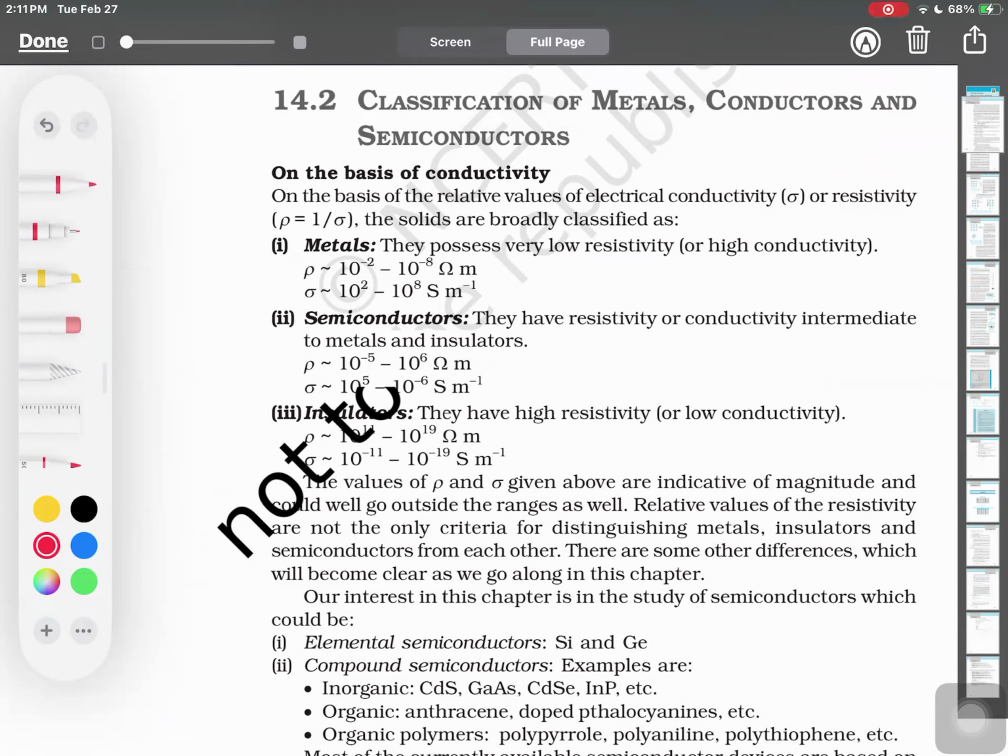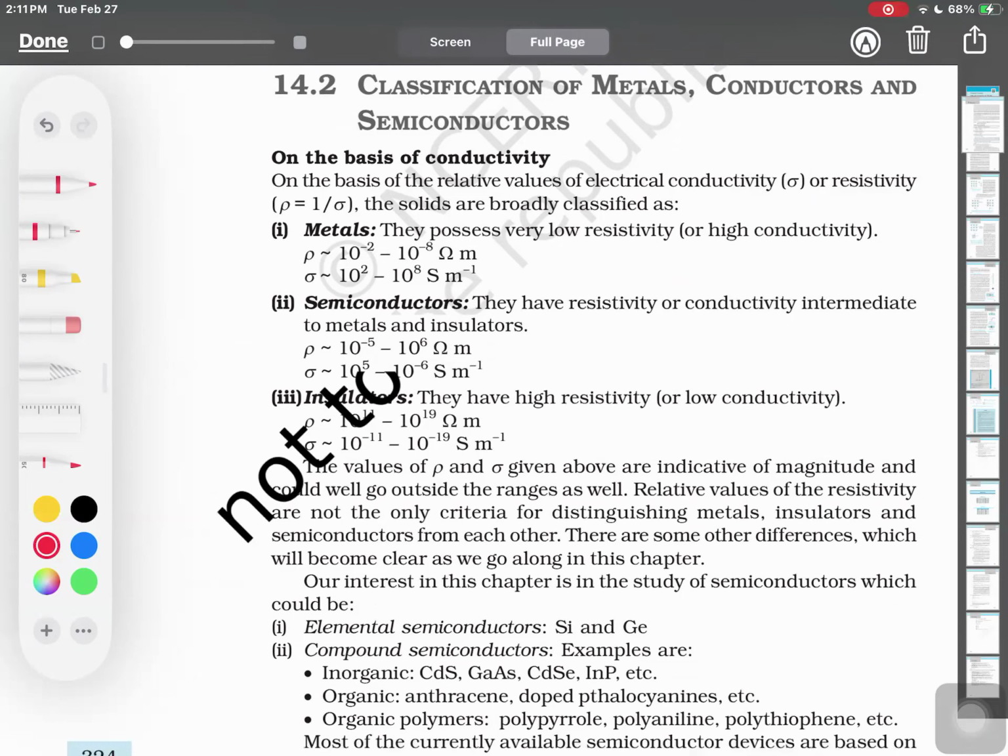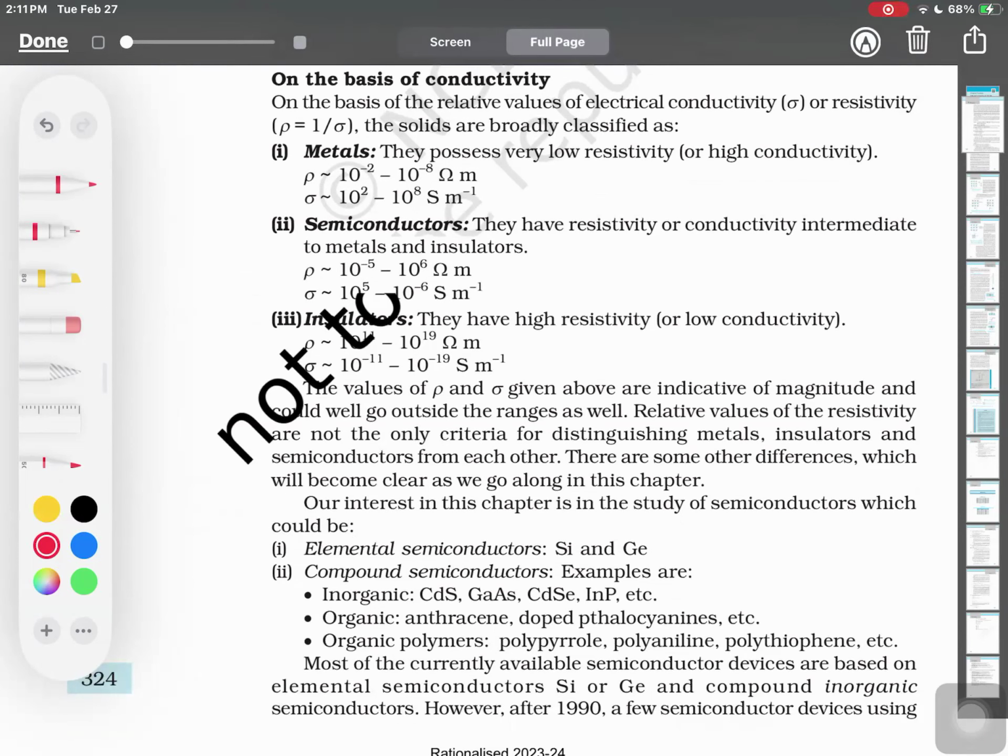Insulators is the correct answer because the energy band gap is maximum in insulators only, when compared to all the other categories. What about silicon? We saw that silicon at absolute zero acts as an insulator, right?